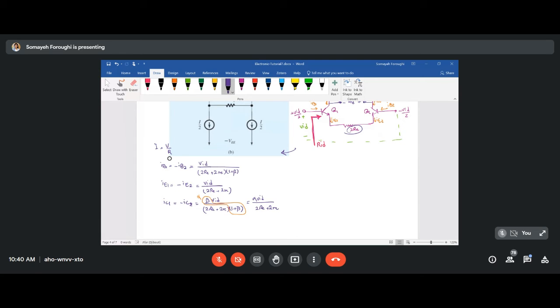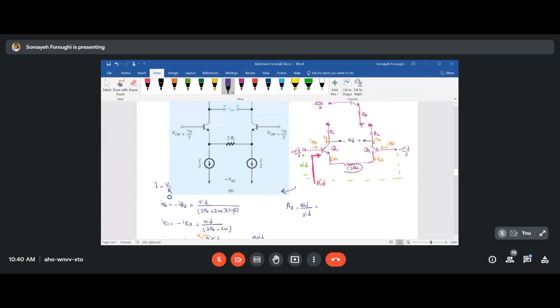Okay, let's go ahead and find AV, which is VOD over VID. Again, like what we did before, VOD is this point. Let me name it VO2 and here VO1. VO2 is the voltage over RC when there is a current passing through RC in this direction to the ground, and that current must be in the opposite direction of IC2.